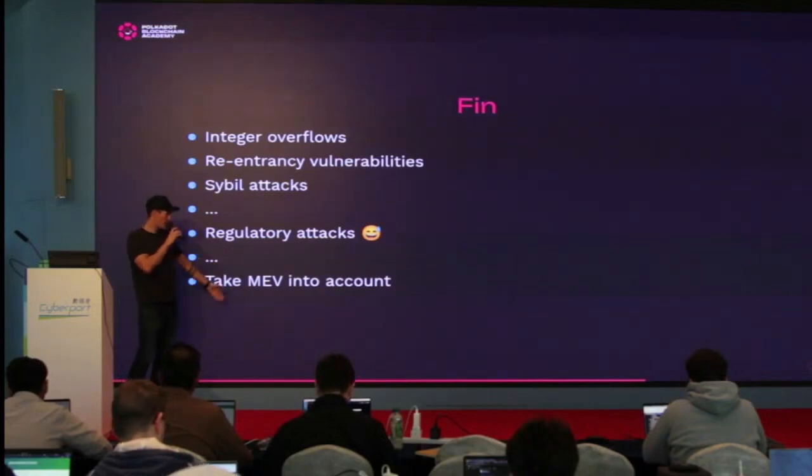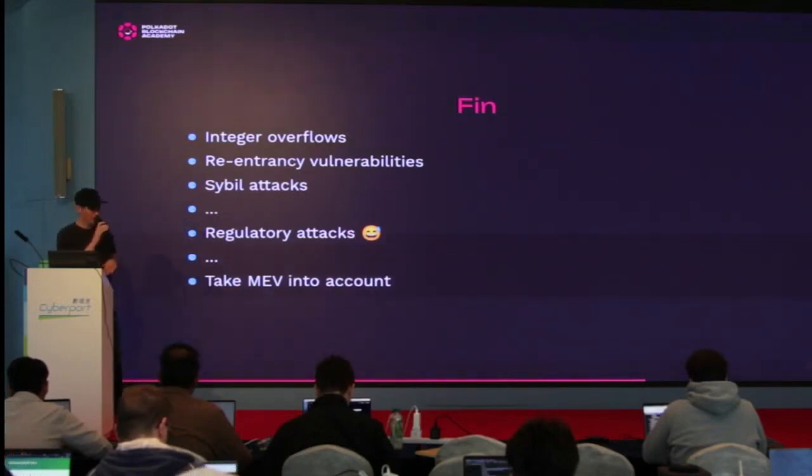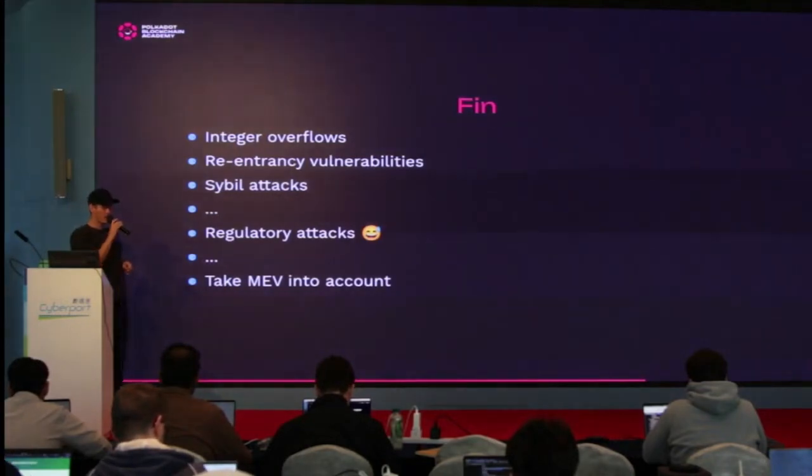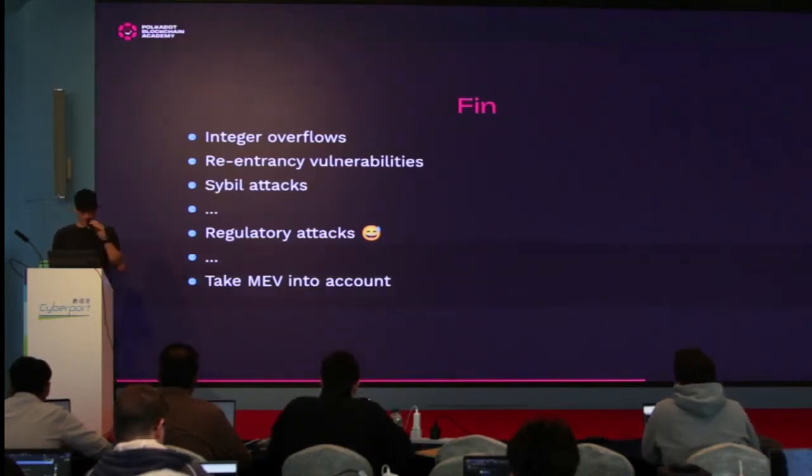Think not just about the vulnerabilities in your contract, but also about how MEV comes into play. There are simple ways to protect, or at least make it harder to front-run or back-run the contracts, especially if it's a DeFi protocol. Questions?